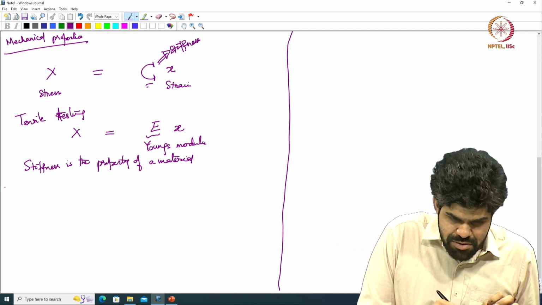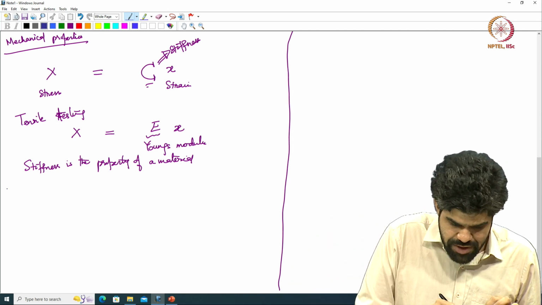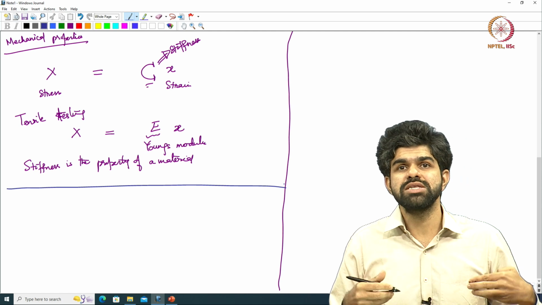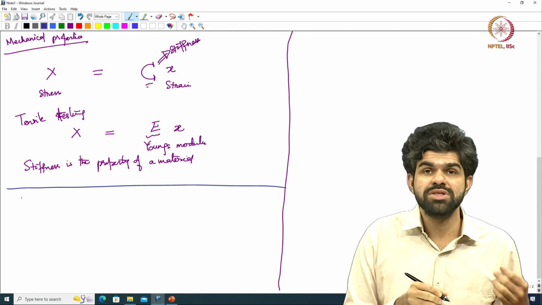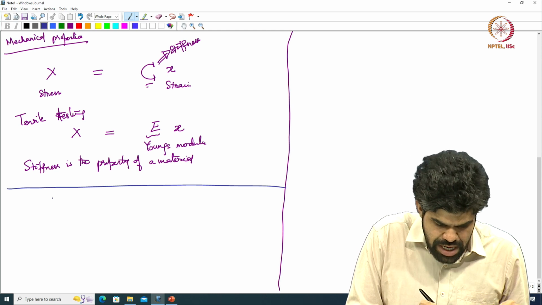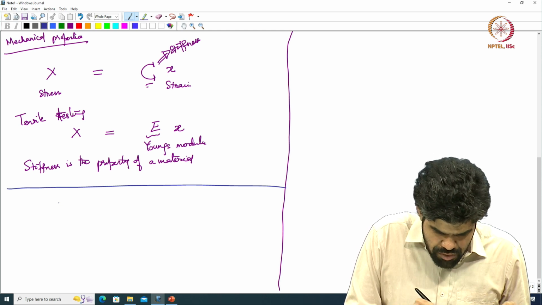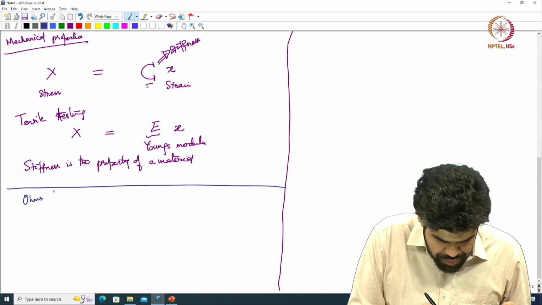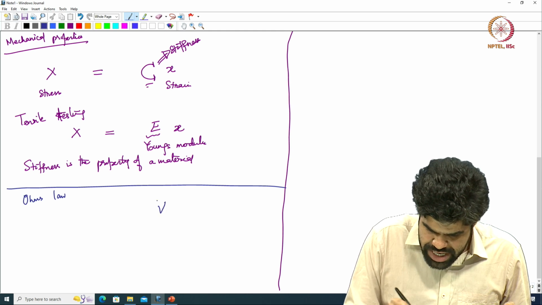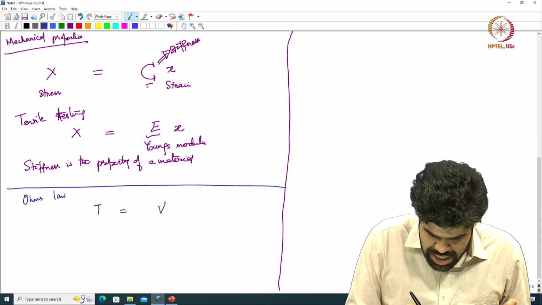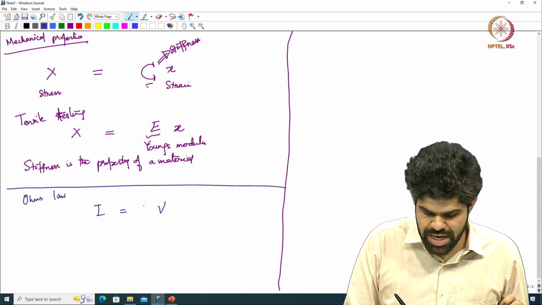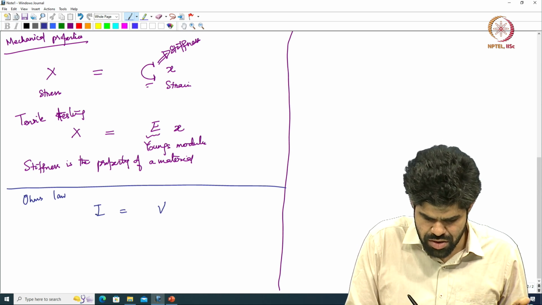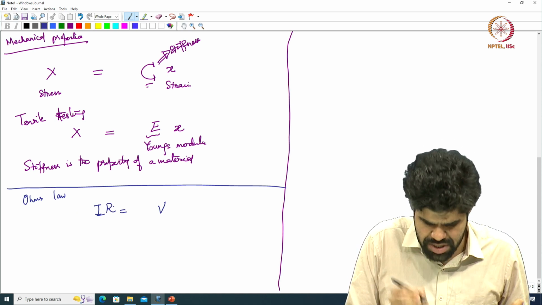Now that gives me a good segue to actually talk about these properties which are more sort of dissipative, and the poster child for this is resistance of the material, right. So if I apply, what is Ohm's law, I apply voltage, I generate current, right. So the voltage and current are related by conductivity, or V equal to IR in some sense, right.